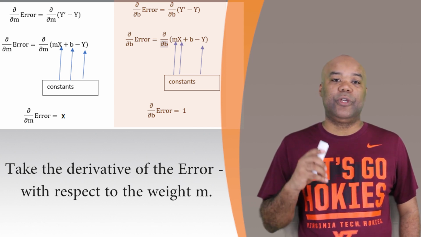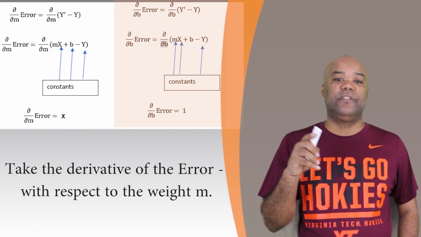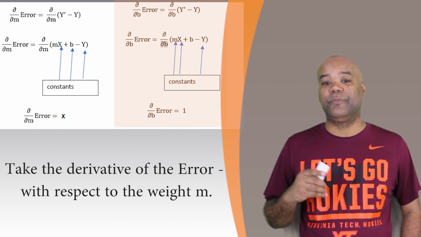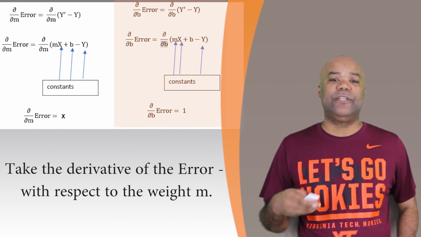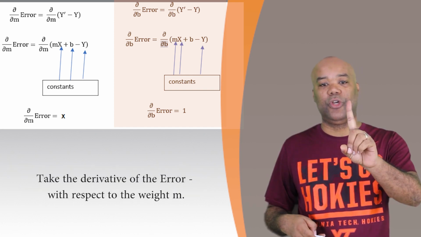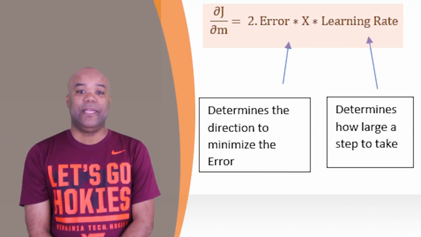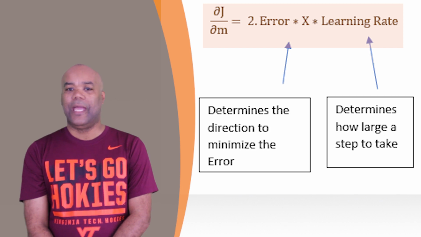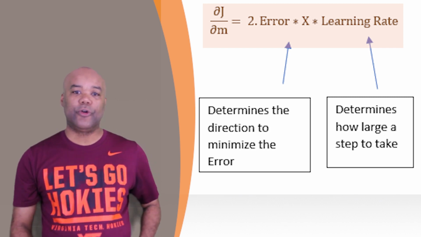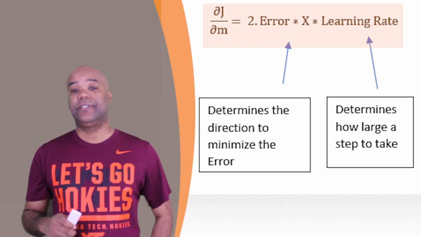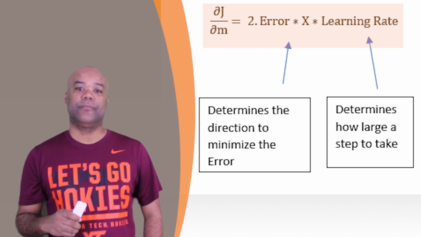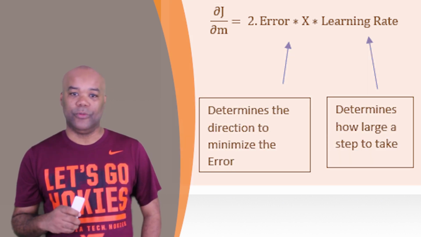Finally, you can do the same for the derivative of the error function with respect to b, and when you do that, you'll see that the result is 1. Plugging the values back into the cost function and multiplying that with the learning rate, that gives us our complete equation. Remember the chain rule, right?